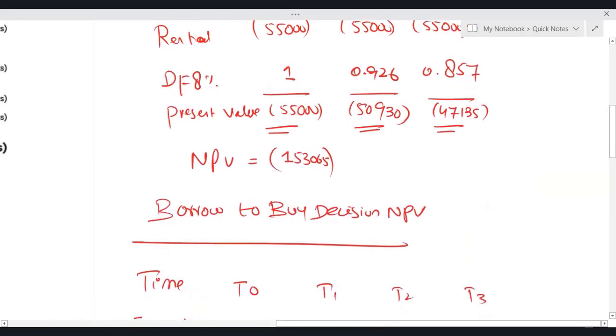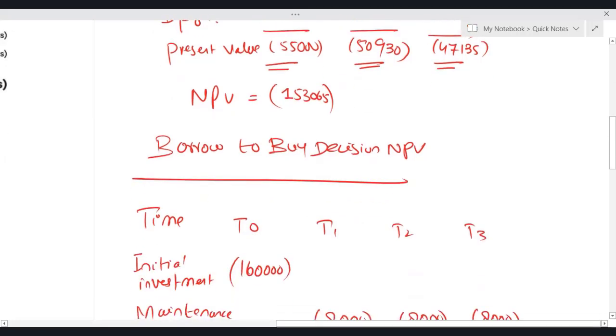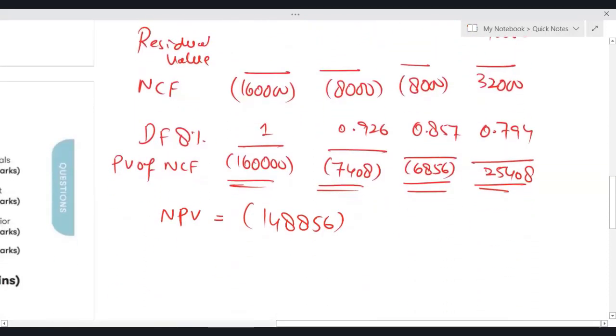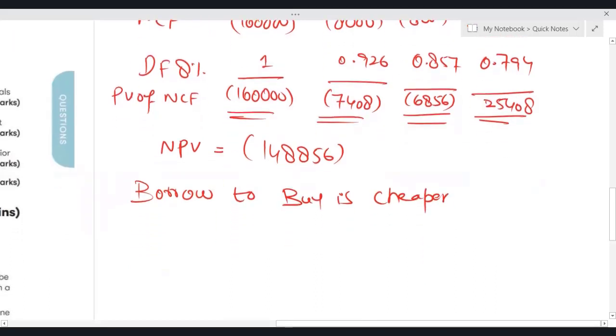So you can see that, can I say borrow to buy is cheaper than lease? Therefore, the machine should be financed.